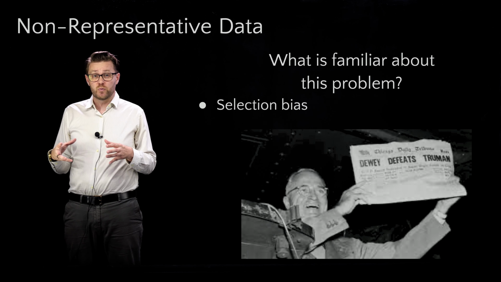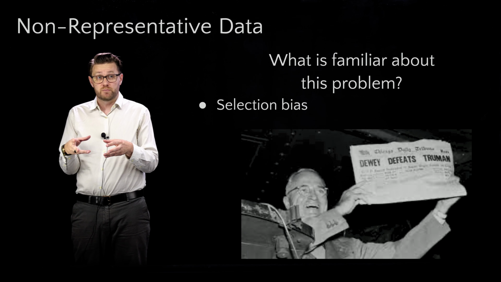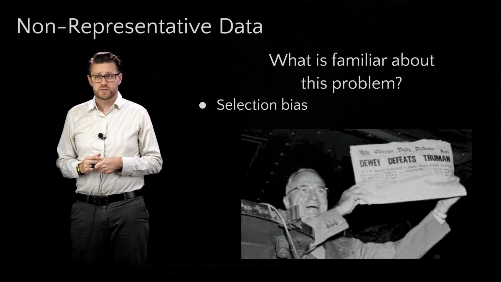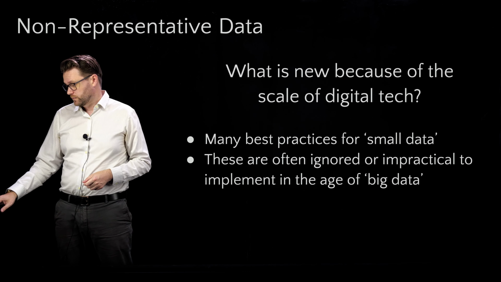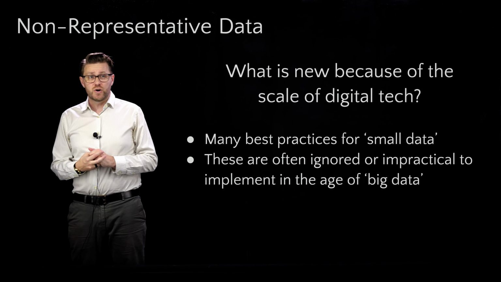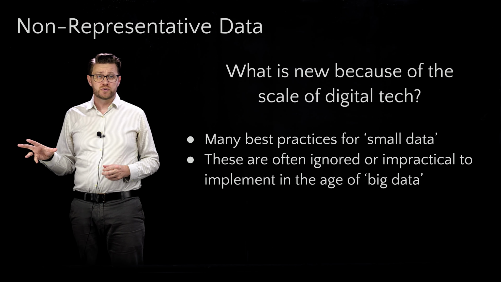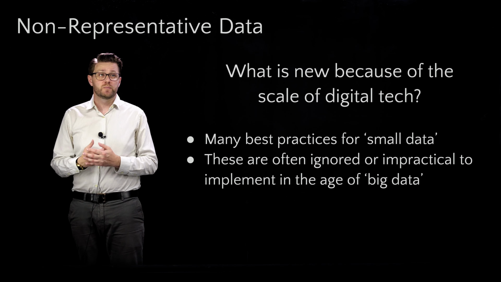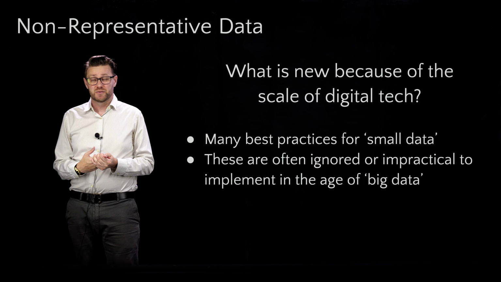But anyways, it was an overrepresentation, and so the probabilistic projection back onto the population, the voters in this case, was inaccurate. Okay, so we have to think about that. That's what we're used to. I mean, that's been talked about for decades. That's familiar. Okay. But what's new about this problem because of just the scale of digital technology?